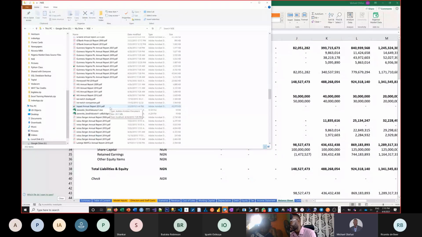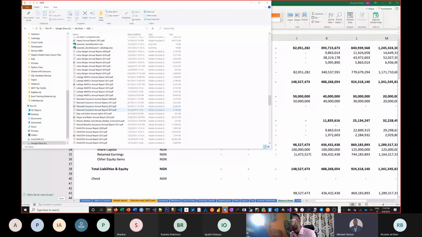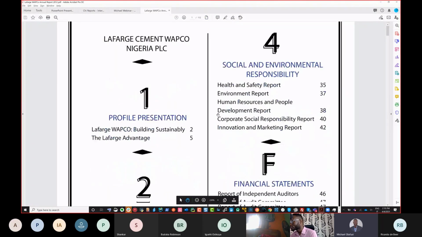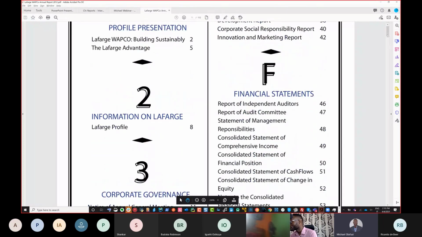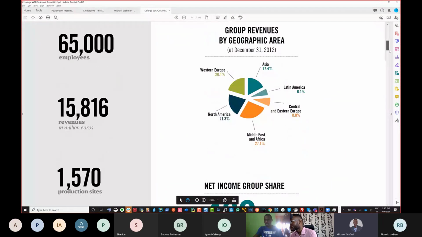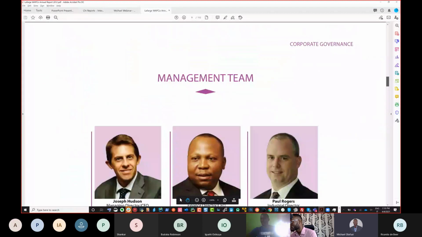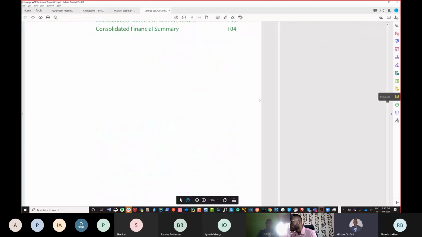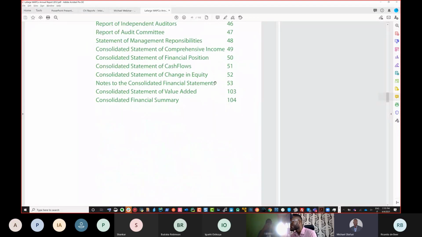Otherwise, I'll just go ahead with whichever Nigerian firm I have already. Okay, not a problem. Let's just pick one that I've seen here. It's Lafarge, and I'm going to just scroll to where we will see the balance sheet, and then you will again see what I said, that whenever you check the balance sheet, you will always see the equity position.